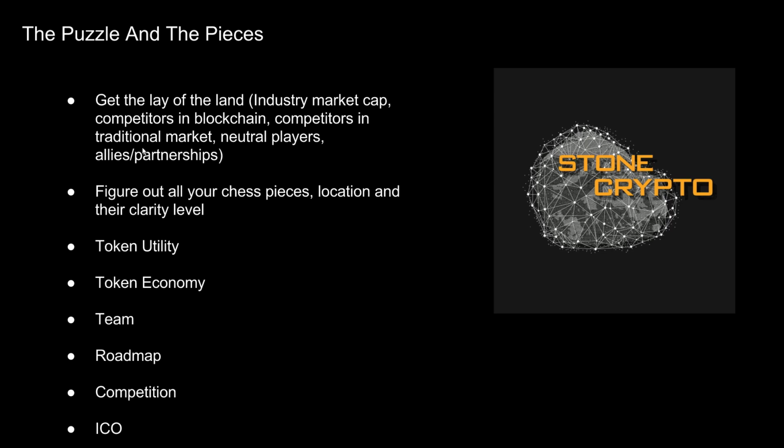So you want to make sure that you're reviewing heavily what the token utility is, the token economy, the team, roadmap, competition, ICO, because if any of these aren't at 100%, then you're pretty much going into this war blinded in certain areas. And that's how a lot of people lose different wars, because they don't have the right information. And that's why information is very important in every single industry.